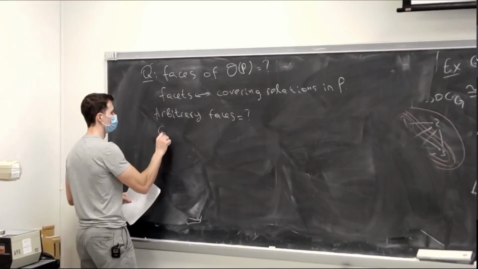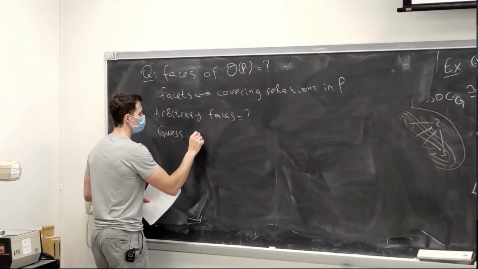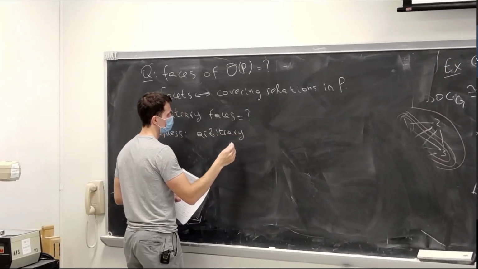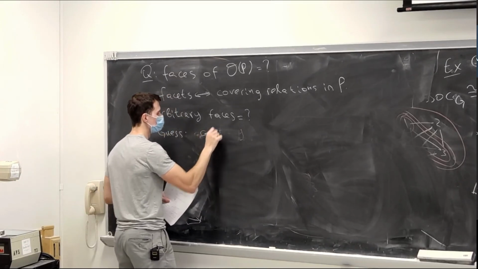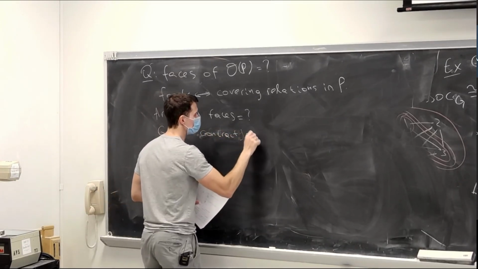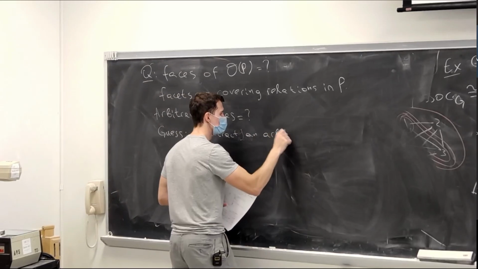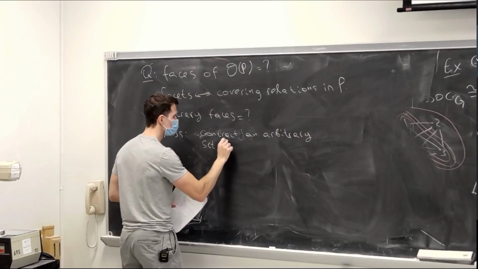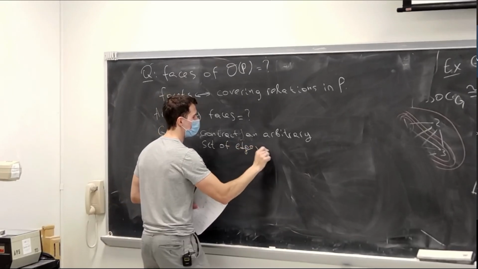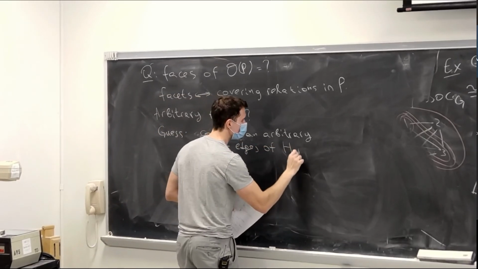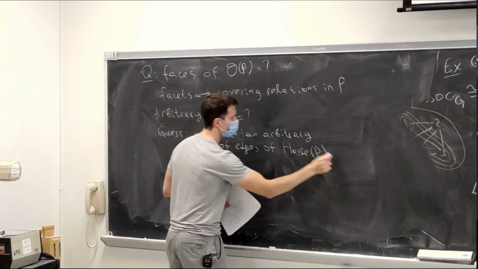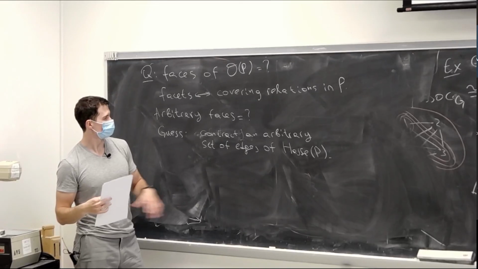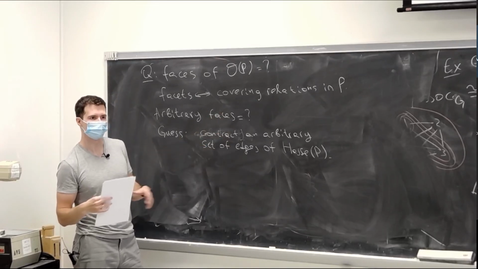So I guess: contract an arbitrary set of edges of the Hasse diagram of P. Does everybody agree with this description?